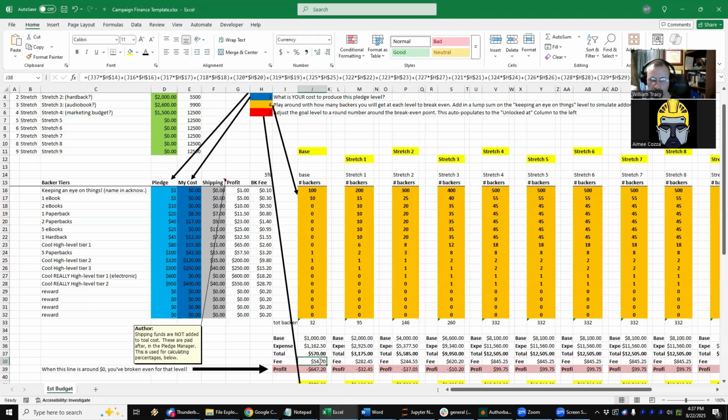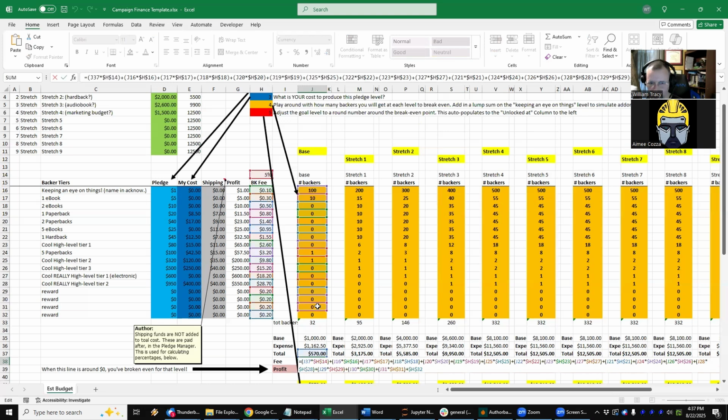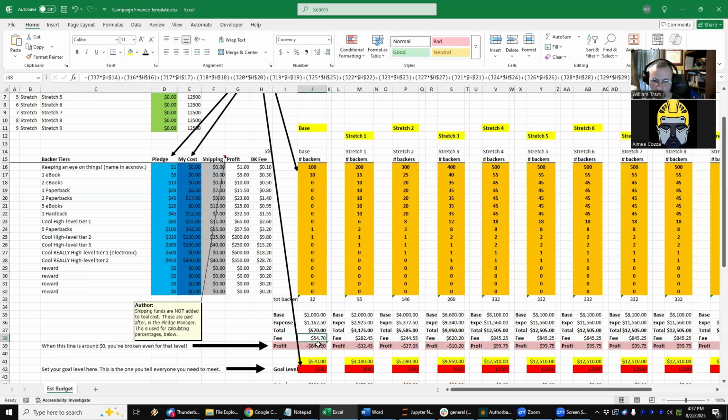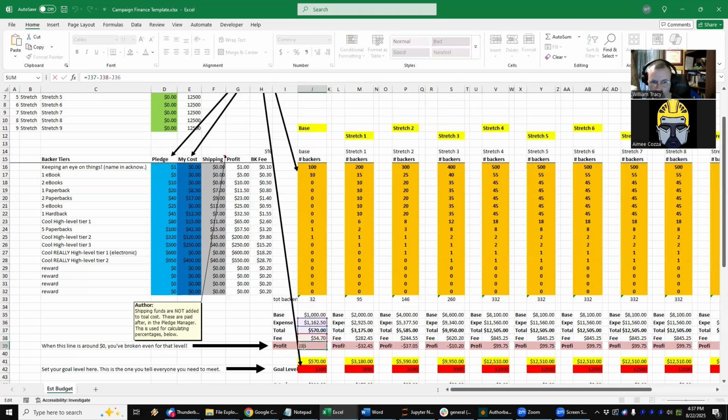And then I have the fee calculated in there, which is the fee times the number of backers. All that adds up to your total profit: your total minus your fee minus your expenses. So your total here, you're only making 570. You're subtracting 1,000 plus 54, so you're at about minus $600 on this.